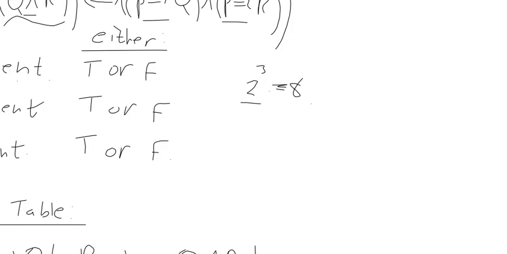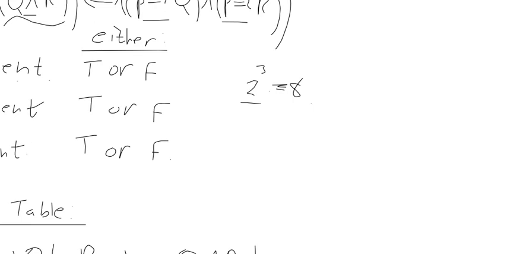8 is the total number of the combinations of true and falses, but they have to be split in half, right? And the reason why it's split in half as 4 truths and 4 falses is because you can only have for each statement variable a true or a false. So it's like saying a 50% chance of either true or false.